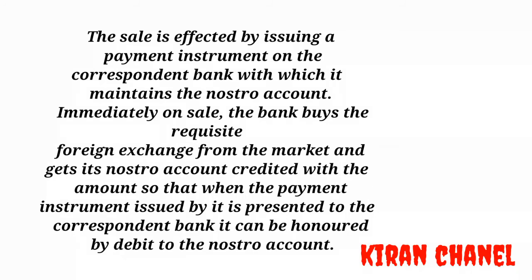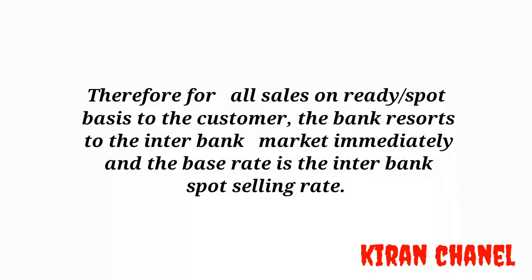Immediately on sale, the bank buys the requisite foreign currency from the market and gets its nostro account credited with the amount, so that when the payment instrument issued by it is presented to the correspondent bank, it can be honored by debit to the nostro account. Therefore, for all sales on a ready spot basis to the customer, the bank resorts to the interbank market immediately, and the base rate is the interbank spot selling rate.